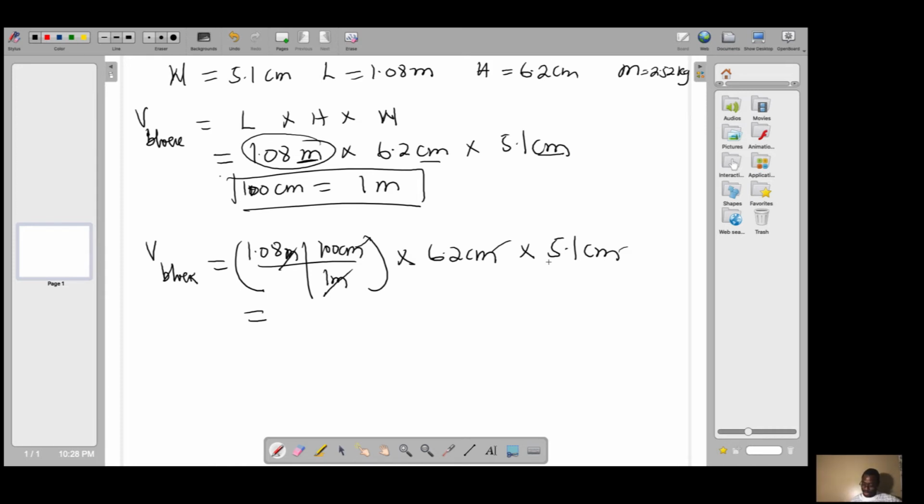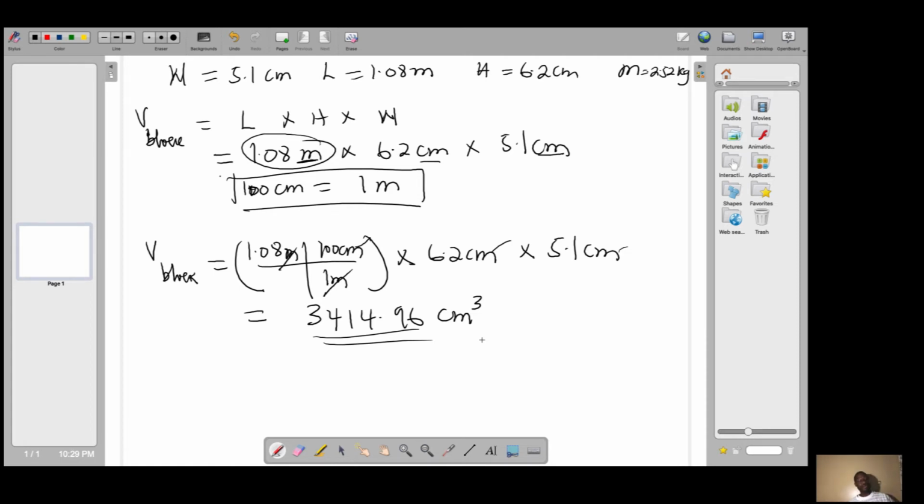If we multiply all this together, we're going to get 341496, so we get 3414.96 cubic centimeters.